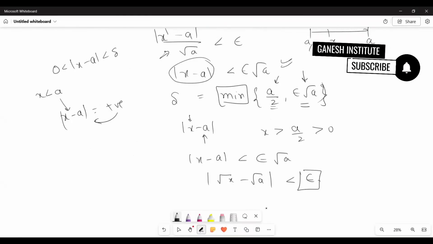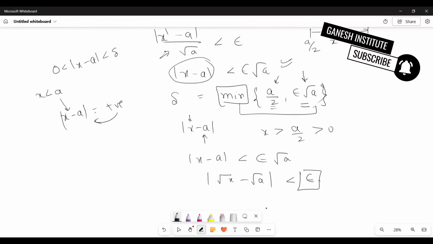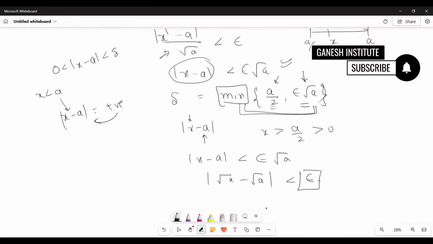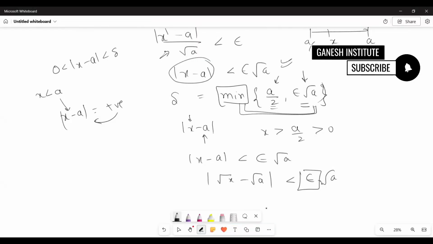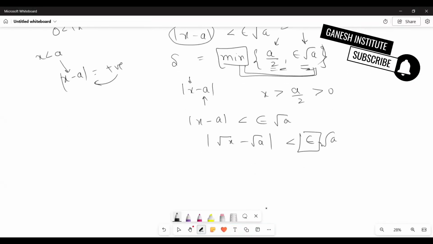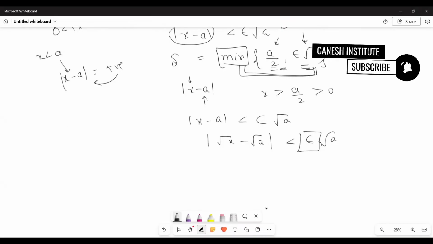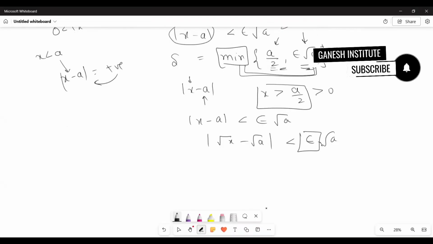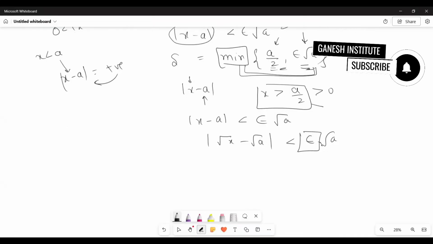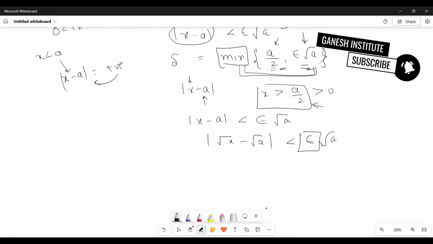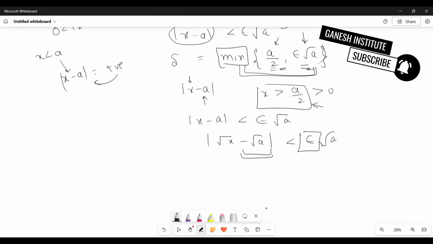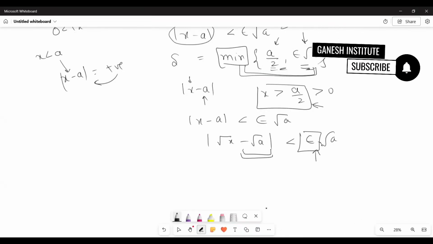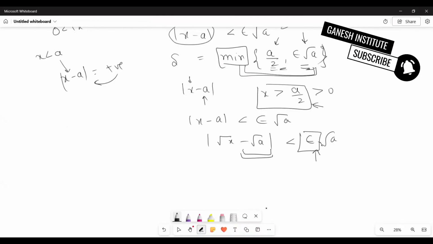If it is lesser than epsilon, I have to consider delta as the minimum of these two. So that means you can see that here x is greater than a by 2, right? And here I have root x minus root a. I'm taking away something from root x. And this is making it lesser than epsilon root a.